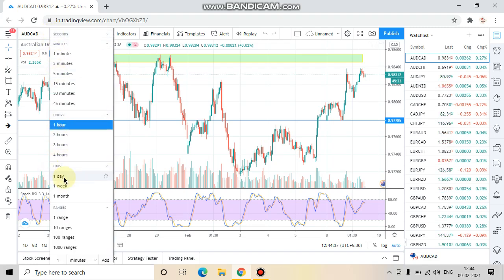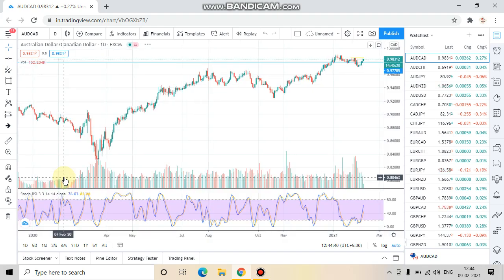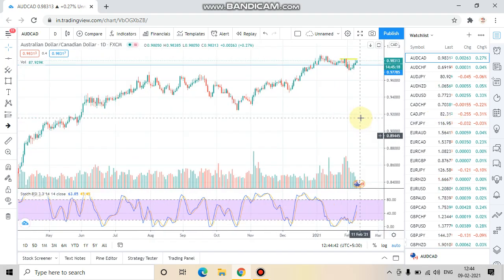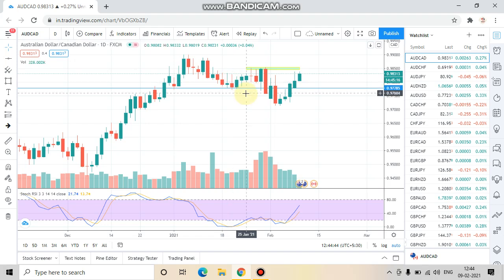Now let's look at the 1 day time frame for those players who are planning to go long for a couple of days. See, again, same chapter here also. This will be support, and this will be a support, and this particular price zone, 0.9843, has already been a good amount of resistance.